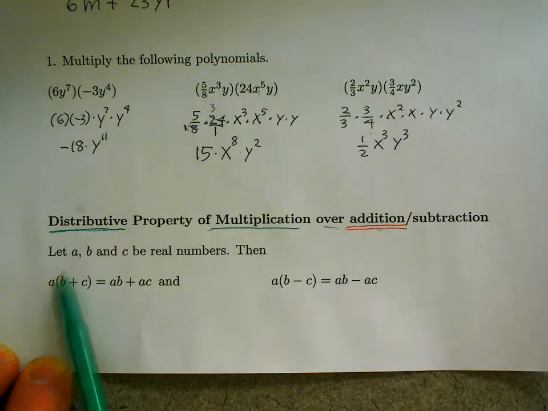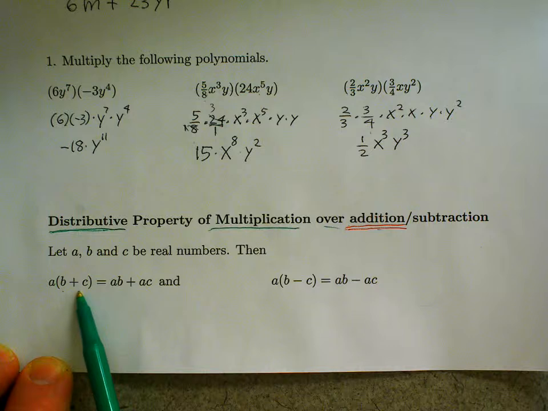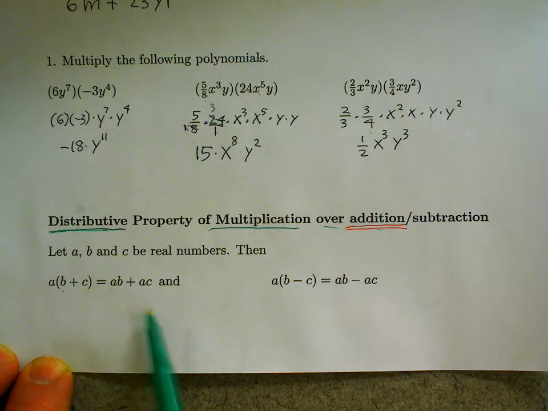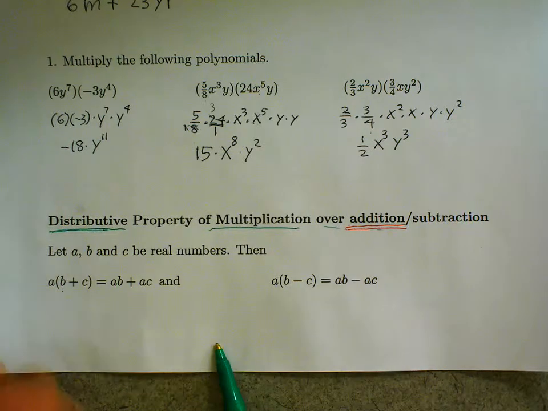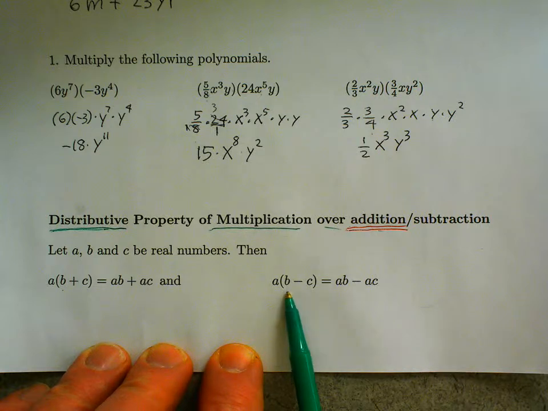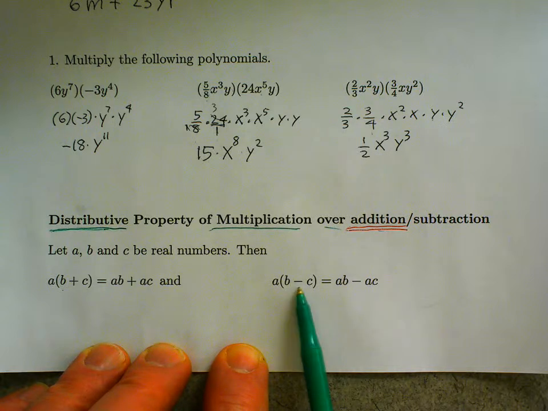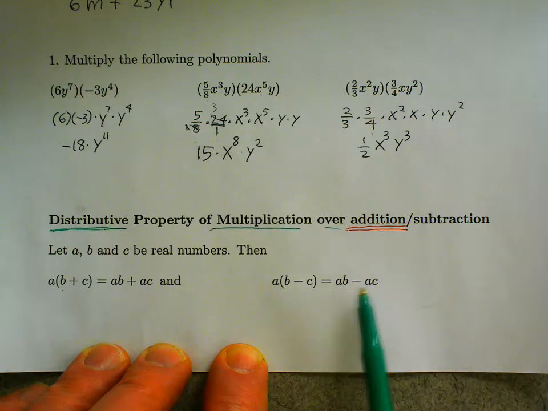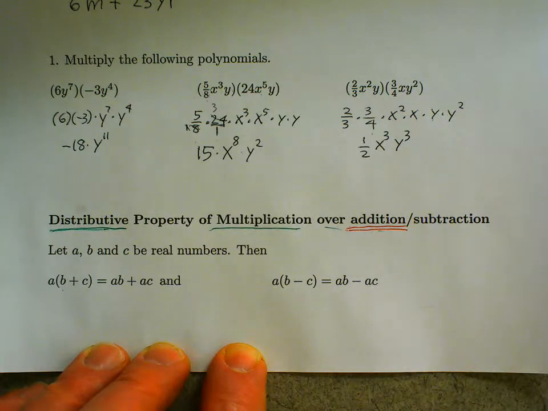This means a times the quantity b plus c, so we distribute multiplication over addition. And then, analogously, if we have a times the quantity b minus c, then when we distribute multiplication over subtraction, we get a times b minus a times c. Okay, let's move on to the next page.